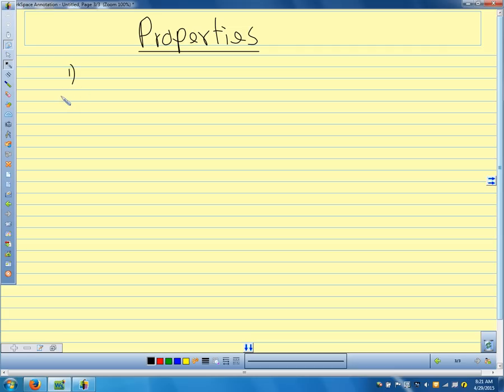Our first one we saw in our example is that u cross v equals negative v cross u. What this tells us is order matters.